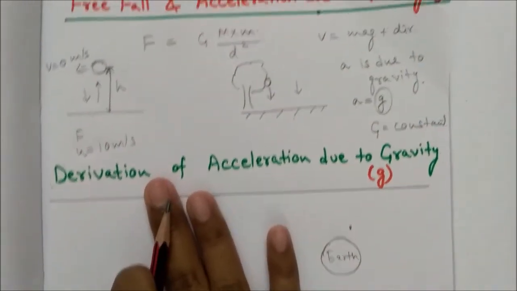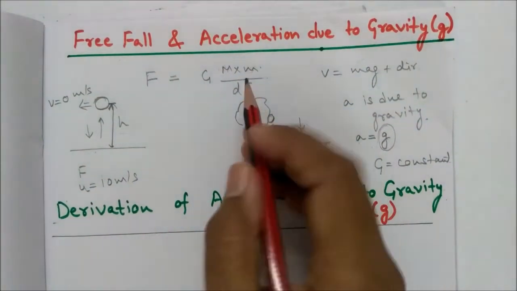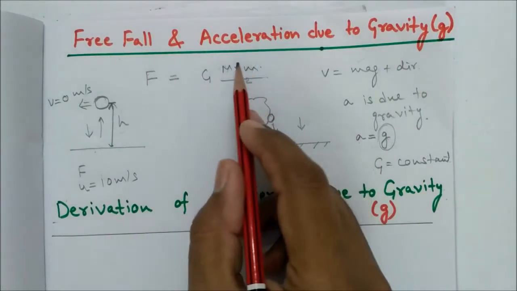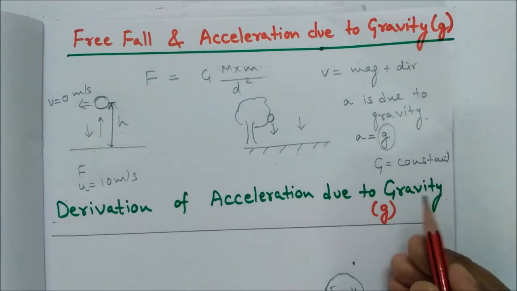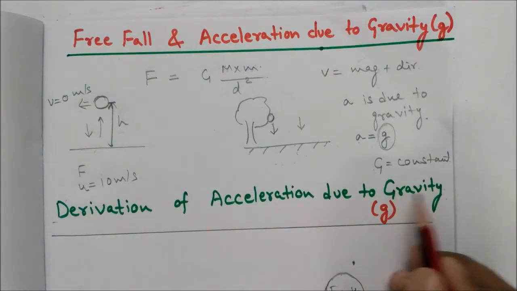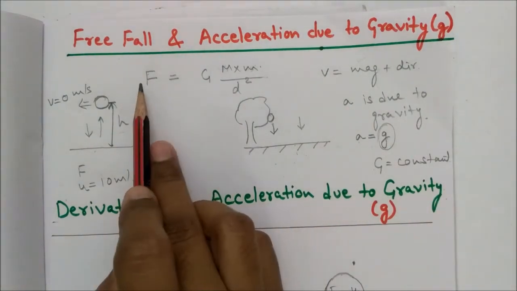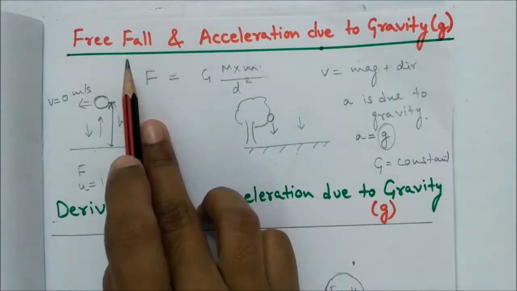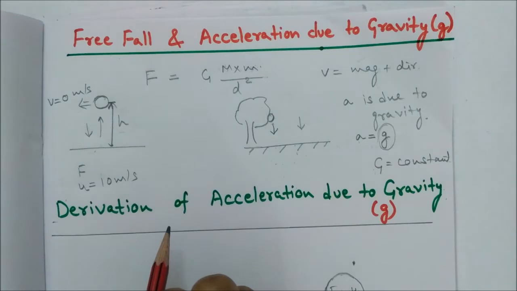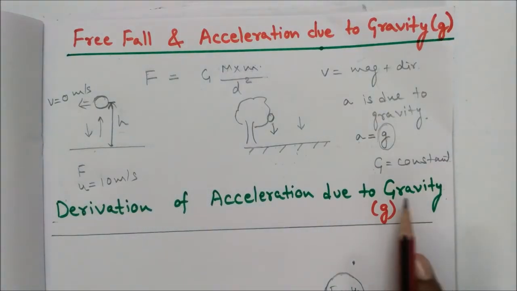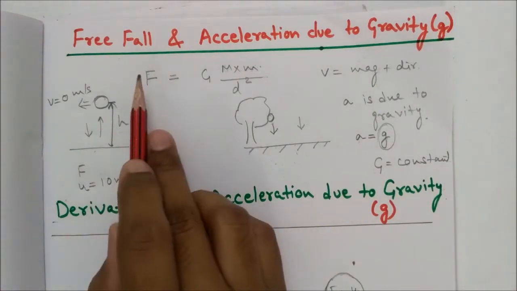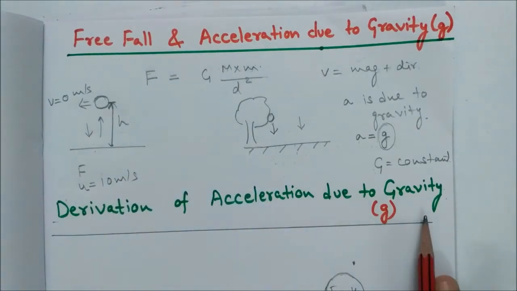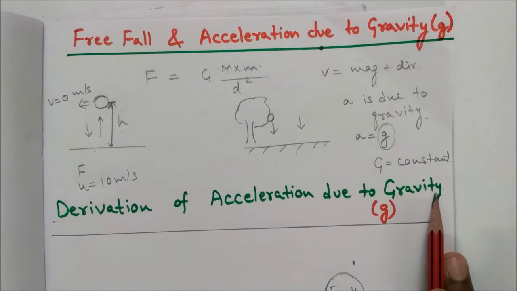Why am I interested in making one of the objects the earth? Because while discussing gravity, the gravitational force is the force of attraction that I was talking about earlier between any two objects. Here gravity is the gravitational force of attraction.